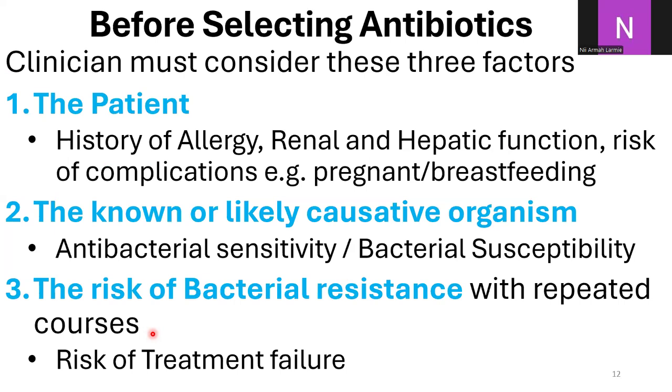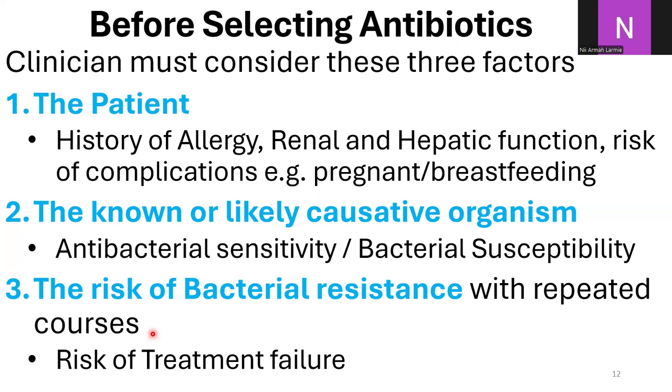So you want to be sure the renal system is functioning well, so you want to know their functional level before you give antibiotics. You want to check the state of the patient: if it's a woman, are they pregnant? Are they breastfeeding? Are there certain risks that can lead to complications? You want to be sure. So the patient is the first important factor to consider before you prescribe or select an antibiotic.